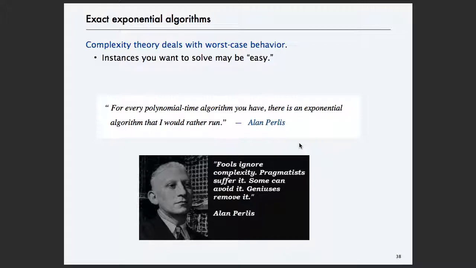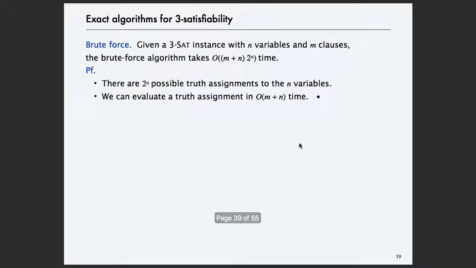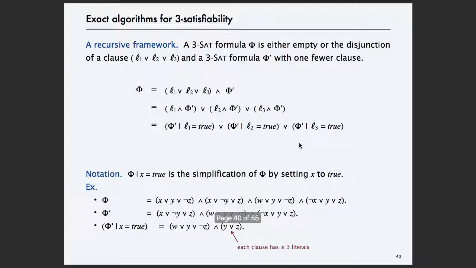The other thing is to have exponential algorithms, but don't worry about worst case behavior. So basically, say I'm going to run it for a week, and if it didn't work, it didn't work. But chances are that it's going to work. So we can brute force, for 3-satisfiability.